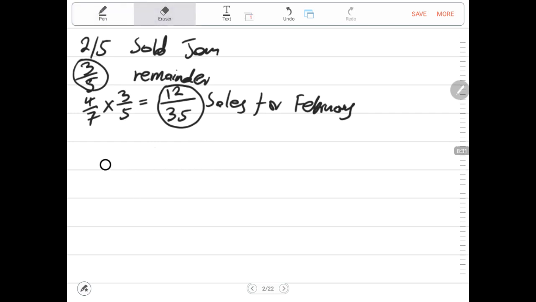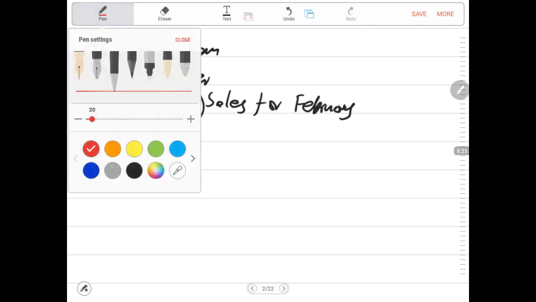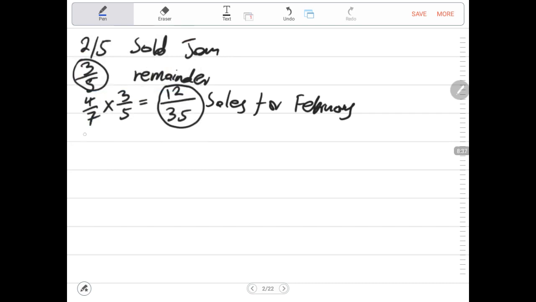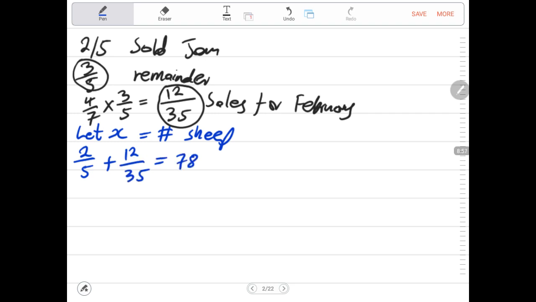Now let us deal with the equation, where we said we need to let x be the number of sheep. I did tell you that the sales of January, 2 over 5, plus the sales of February, 12 over 35, equals 780.